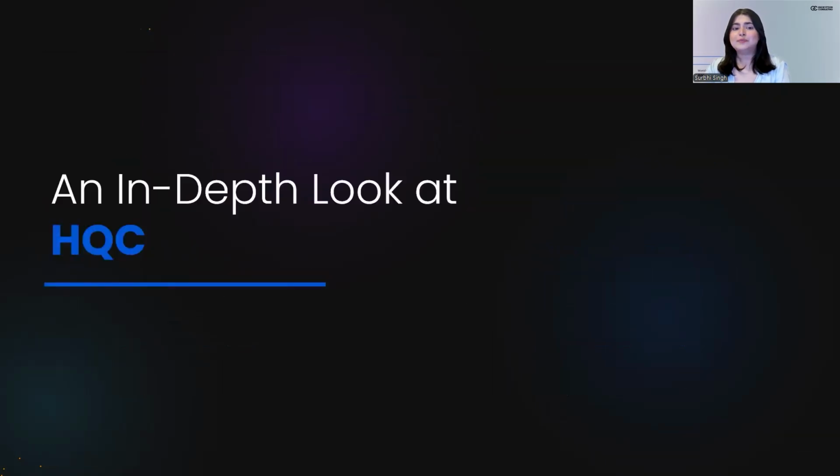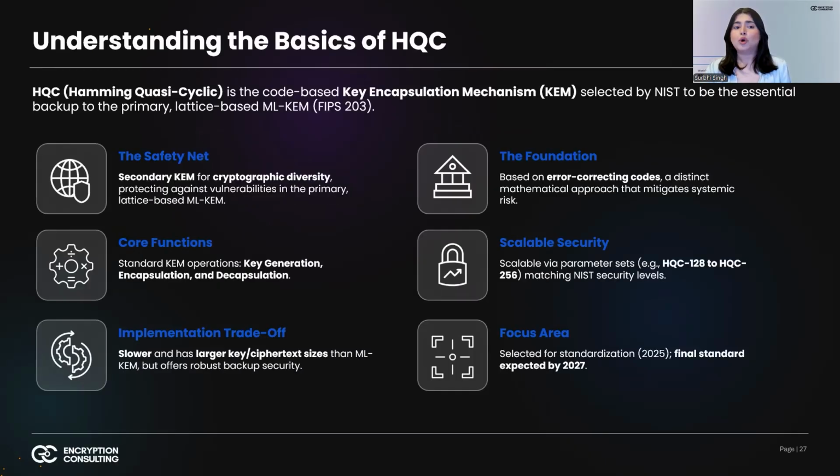Great. Now let's pivot for an in-depth look at HQC. We'll move beyond the standardized algorithms to explore the unique security and performance properties of this code-based encryption scheme. We have talked a lot about MLKEM, the primary key encapsulation mechanism or KEM that NIST has already standardized. MLKEM is fast and efficient and it's a go-to for post-quantum encryption.